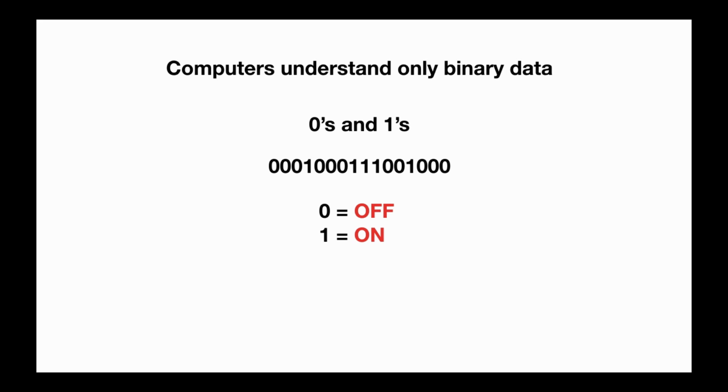Now, don't take computers as a useless thing because of this, because by just turning the switches inside the computers off and on, we are actually able to build rockets. We are able to build robots, artificial intelligent robots, machine learning algorithms and all that stuff. We are able to do it just by turning the switches inside the computer off and on. Yes, this is exactly possible. Isn't it really cool? Isn't it really interesting?